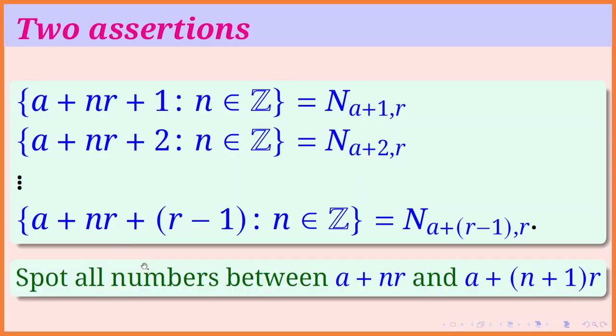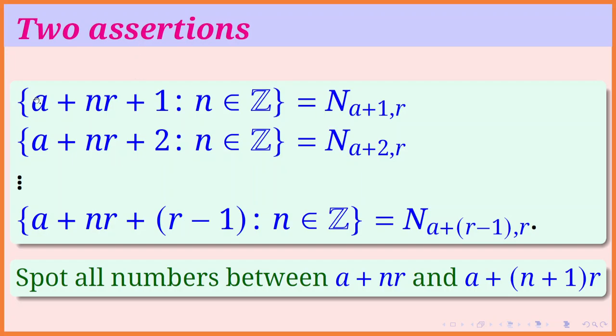Okay. So simply look at the numbers between A plus nR and A plus (n plus 1)R. All the numbers between these, excluding these two numbers, actually belong to the complement of N(A,R). They lie outside N(A,R).